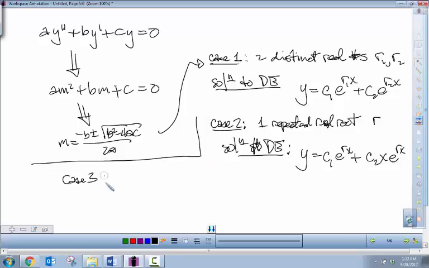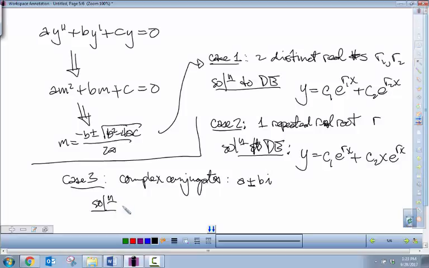Case 3, we have our solutions are complex conjugates. And the complex conjugates are A plus BI, plus or minus BI. And what we're going to do is we're going to use Euler's formula. Well, we used Euler's formula. I won't go through that whole process again.